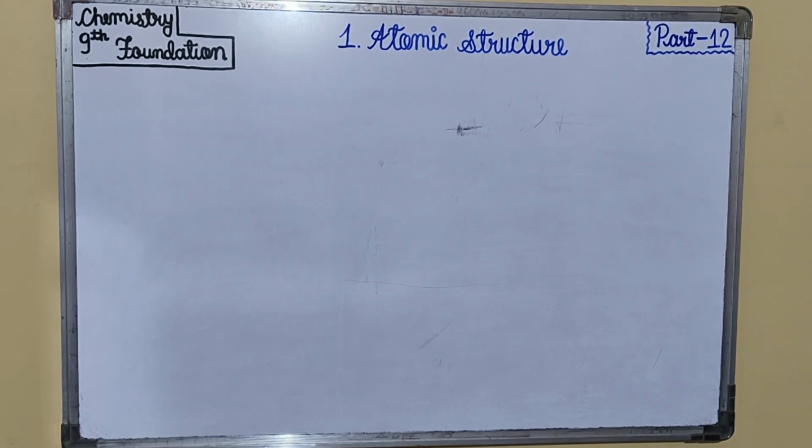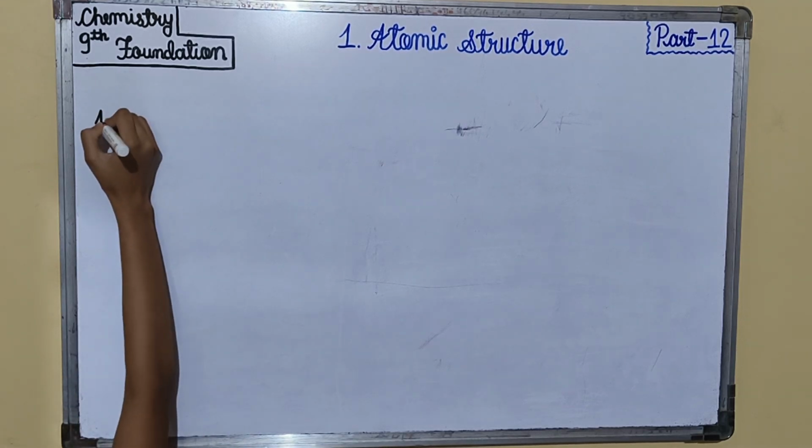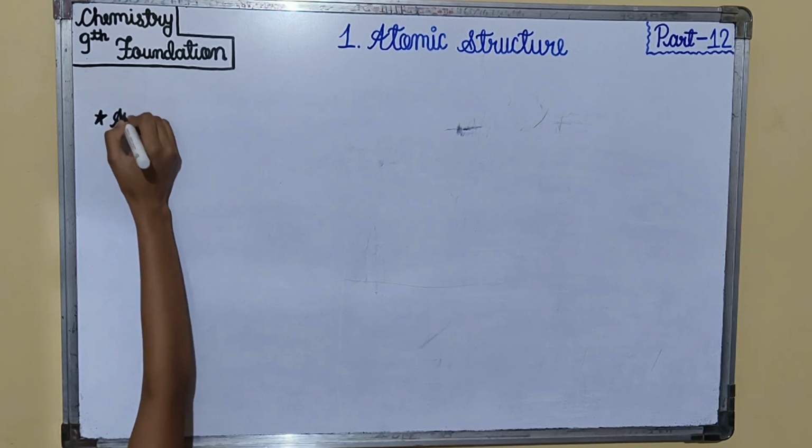In the previous part we learned the postulates of Bohr's theory, Niels Bohr's atomic model, and we solved some questions based on it too. Now we are going to start with the atomic number. Our topic is atomic number.